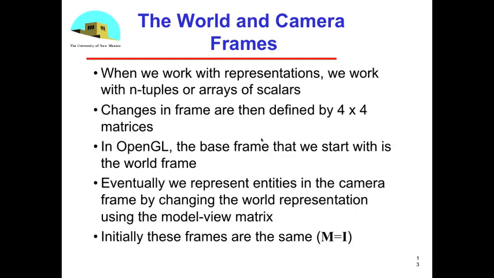Now, each of these matrices corresponds to a transformation in affine coordinates or in affine spaces. Initially these frames start off the same. So the matrix M we've been talking about is an identity matrix.